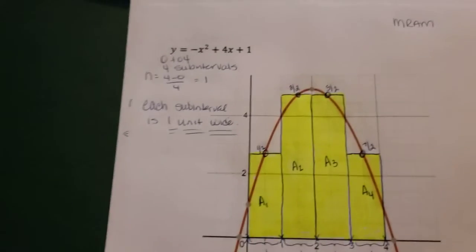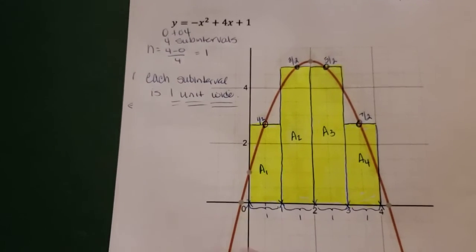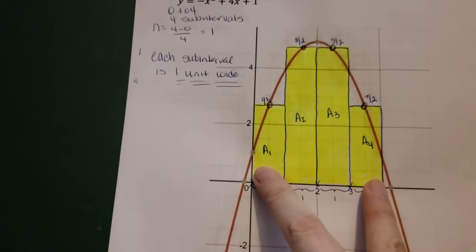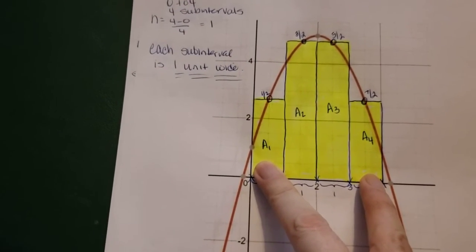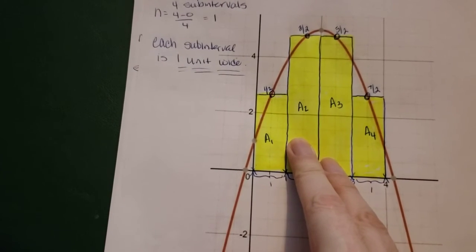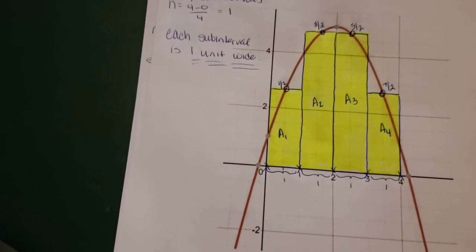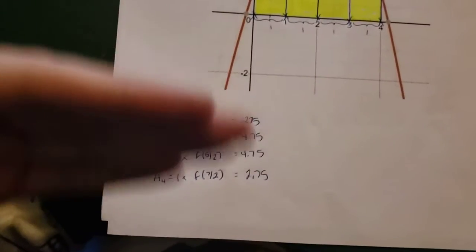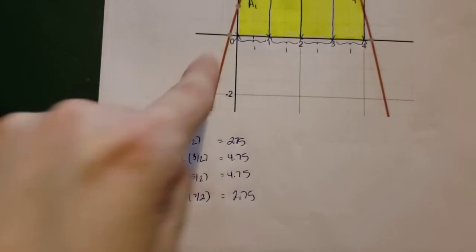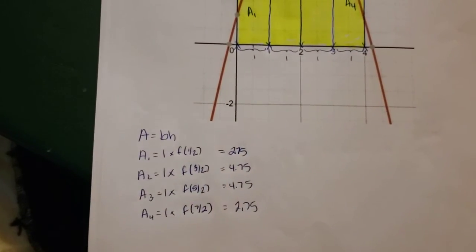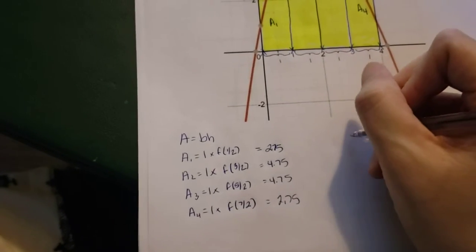And if we look at our drawing, that looks like it's right. The two end intervals look to be the same height. The two middle intervals are the same height. So what I got for area seems to make sense, that the two outer ones would be the same and the two inner ones would be the same. So now we just want to add those together.